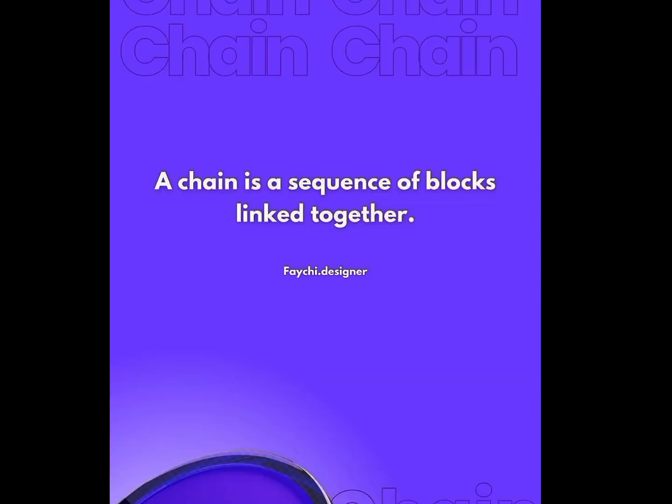But then the chain is a sequence of blocks linked together. Okay, so these two words are what make up the word blockchain. All right, so when a block is created, it is added to a chain.